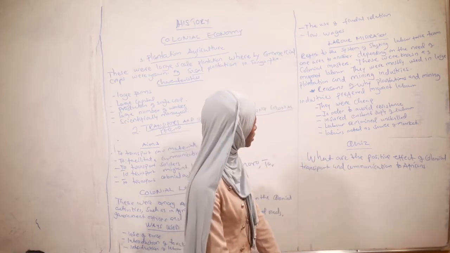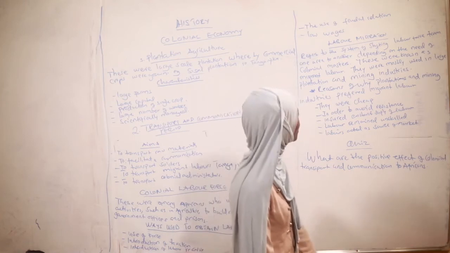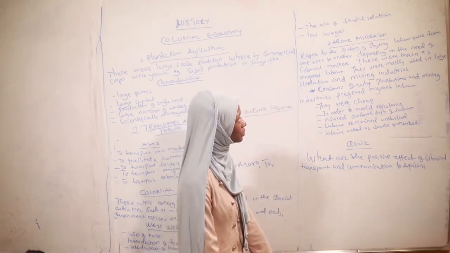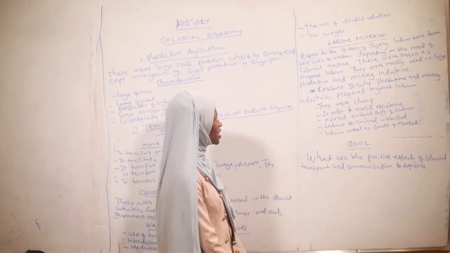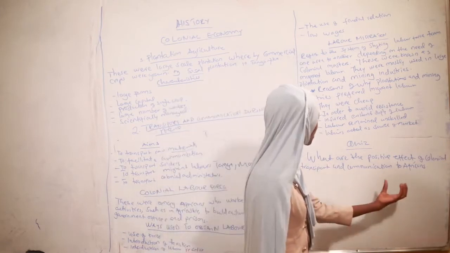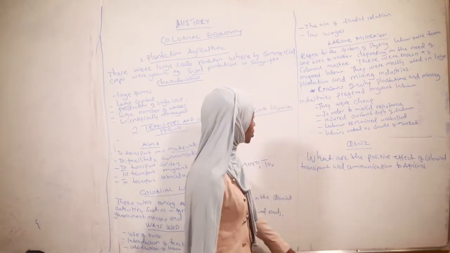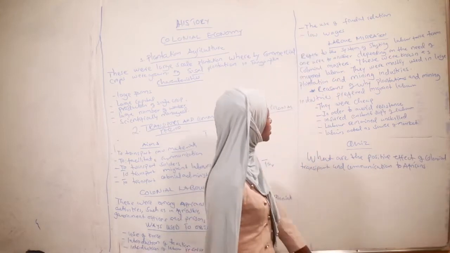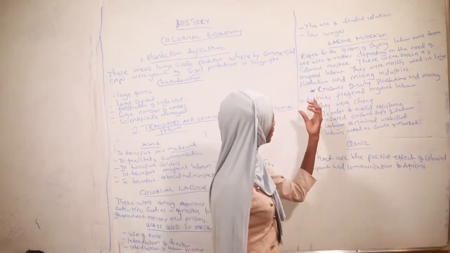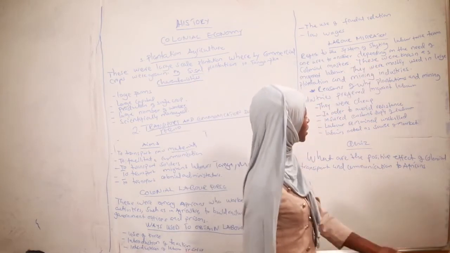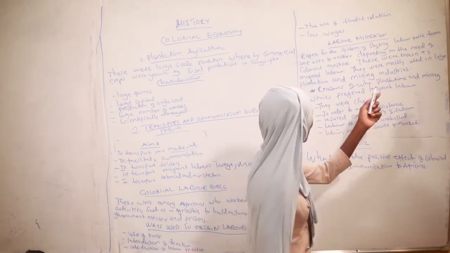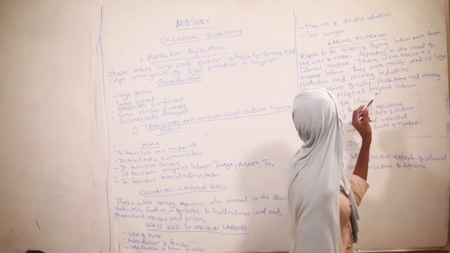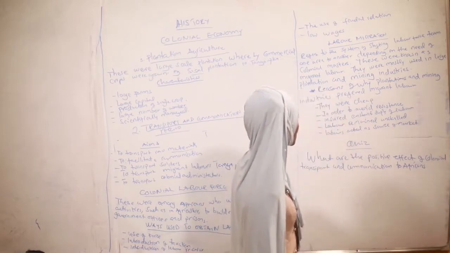The next, last but not the least, is labor migration. There are types of labor, but during the colonial economy, we normally focus on labor migration. This refers to the system of shifting the labor force from one area to another, depending on the needs of the colonial master.